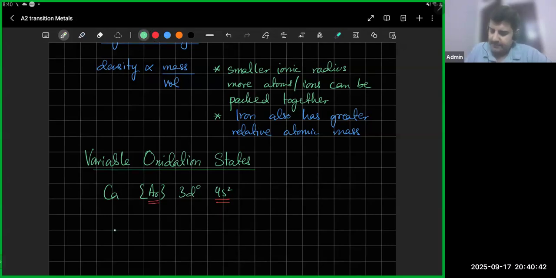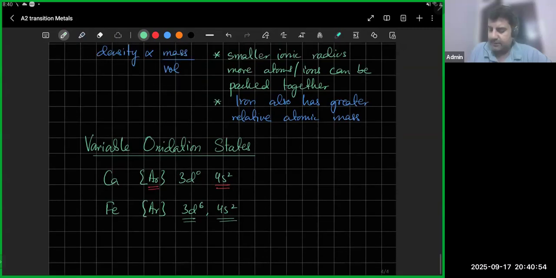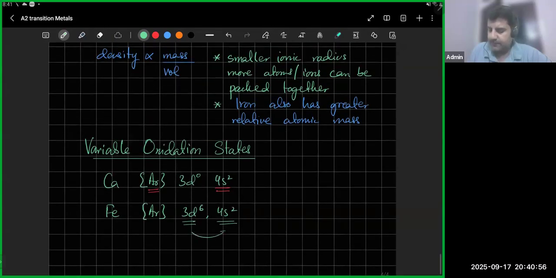In the case of iron, we already discussed this. You've got argon, and then there is 3d6 and 4s2. So you can remove the outer electrons, you can also remove the inner electrons. Not a huge energy gap between the two. They are very similar, very close in energy, so they have a small energy gap.